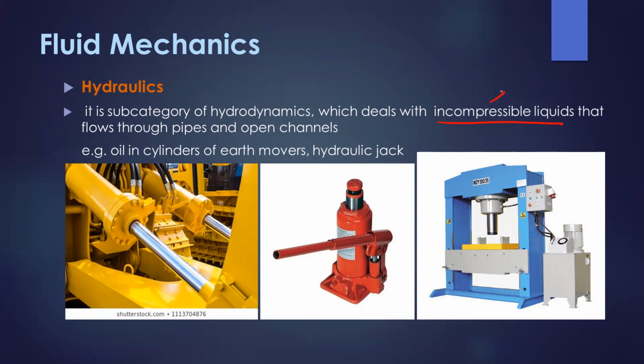Incompressible liquids are hydraulic oils, which are used in hydraulic cylinders. This is the hydraulic cylinder of the JCB. This is the hydraulic jack, which is used to lift heavy weights, and this is the hydraulic press. These are the fluids used in these applications, and this is called the hydraulic branch.